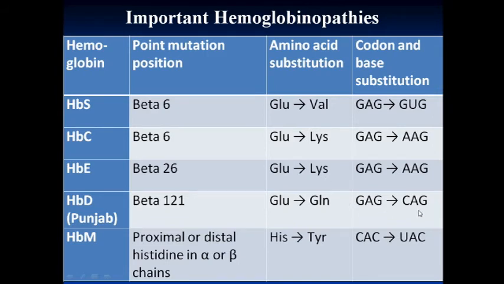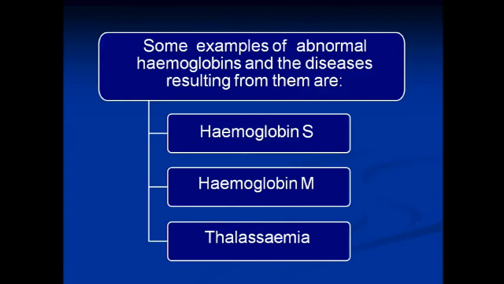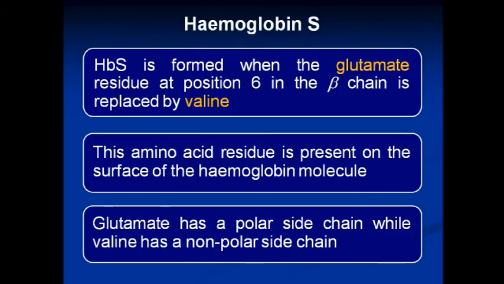GAG is converted to CAG, which is responsible for placing the glutamine, and CAC, which was responsible for placing the histidine, is point mutated to UAC, which is responsible for tyrosine in the proximal and distal histidine replacement. So these are some important hemoglobinopathies, and diseases resulting from them are hemoglobin S, hemoglobin M, and thalassemia.